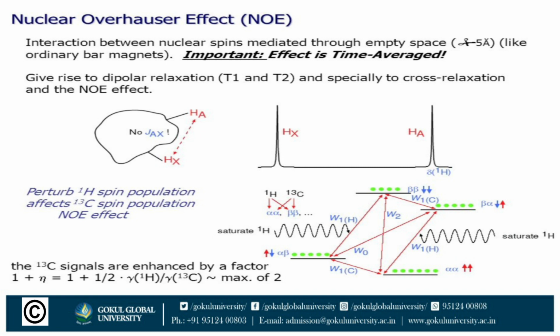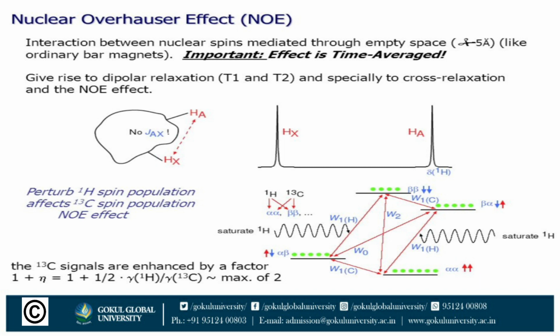Here we saw the nuclear Overhauser effect graphically. It is an interaction between nuclear spins mediated through empty space. The space between the two protons is 3.5 angstrom, like ordinary bar magnets. The important thing is that the effect is time average. When the intensity increases over time average, we see the signal of the protons give rise to dipolar relaxation. Then T1 and T2, especially cross relaxation and the NOE effect.